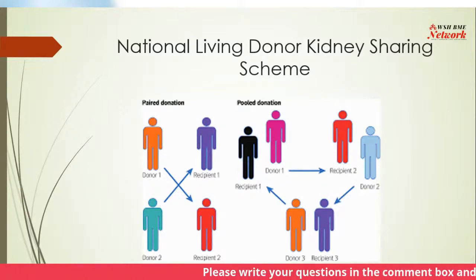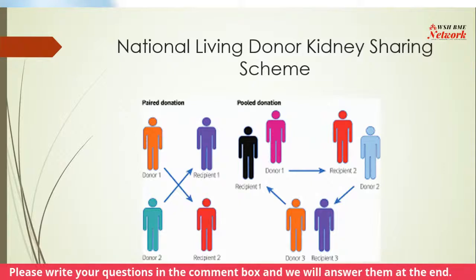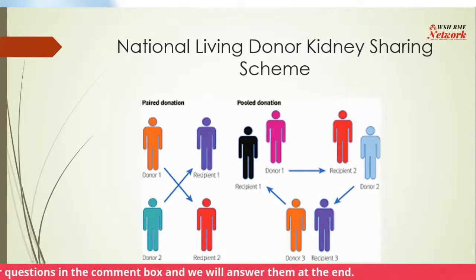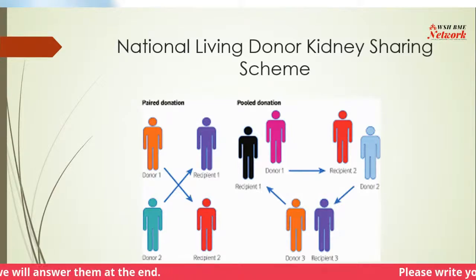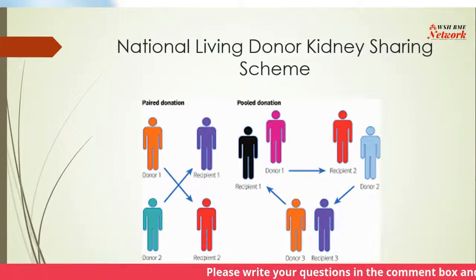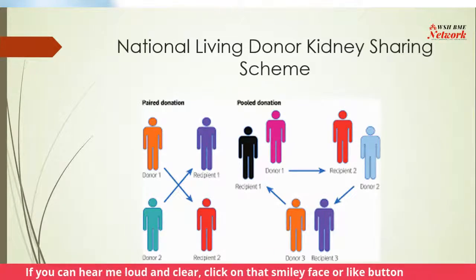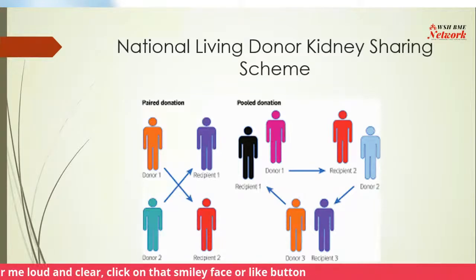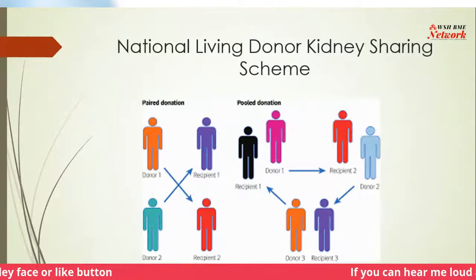This is done the same day. The two donors are put to sleep at the same time. It's very highly coordinated. The kidney travels. The donors or the recipients do not travel. And we've not had any donor changing their mind since this program started. So it's been working very well. Now we have the pooled donation, where you have more than 2.